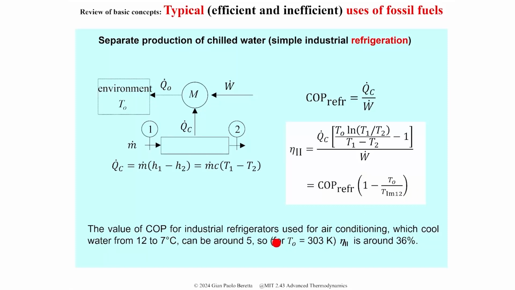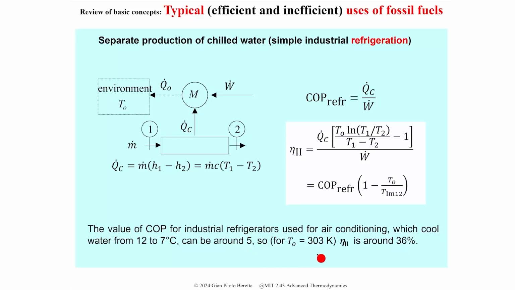And for typical values, for an industrial refrigerator for which the COP is about 5, which is relatively high, it means that you spend 1 kilowatt hour and extract 5 kilowatt hours of heat as a cooling effect. So 5.